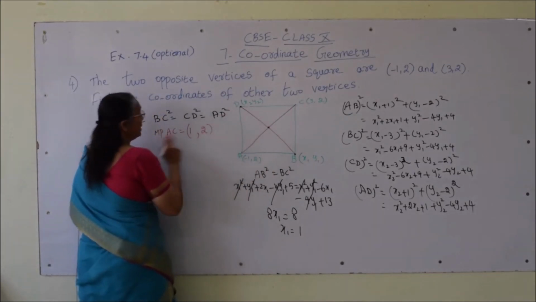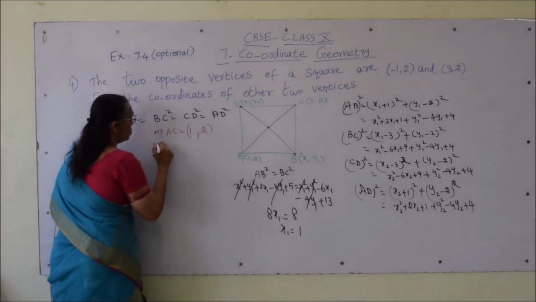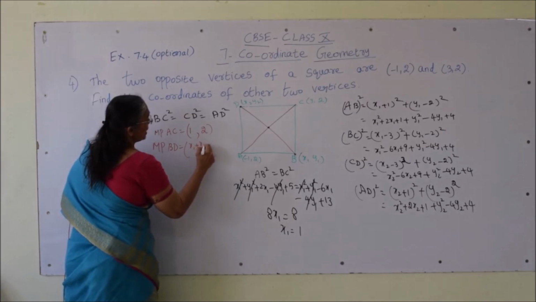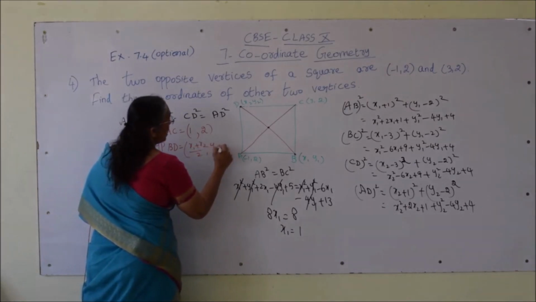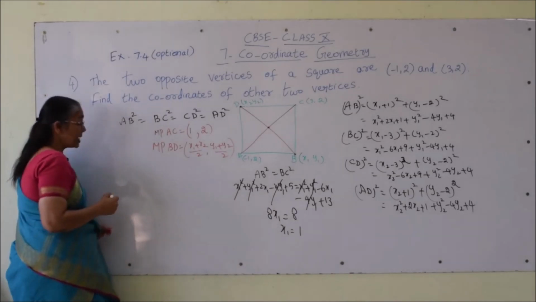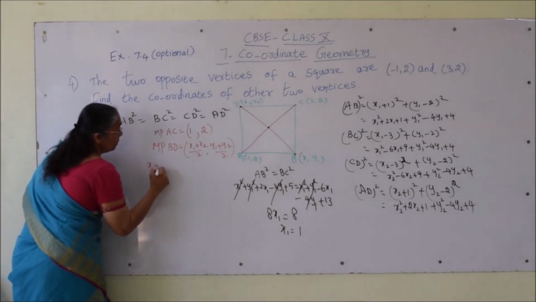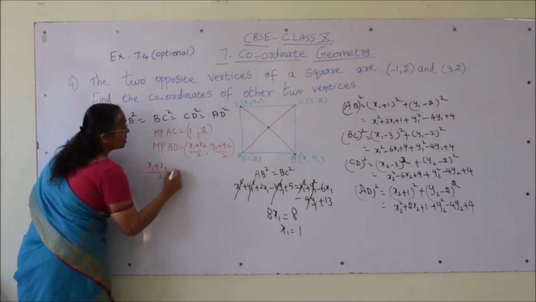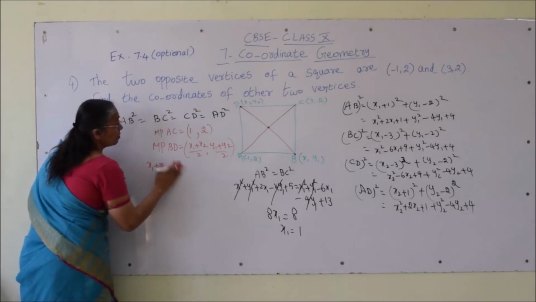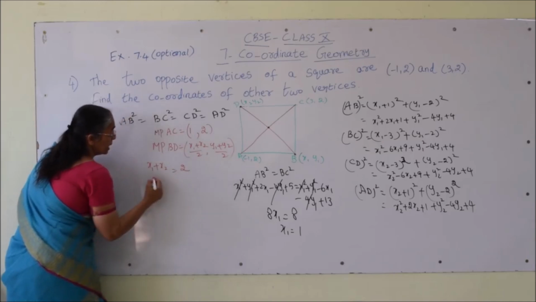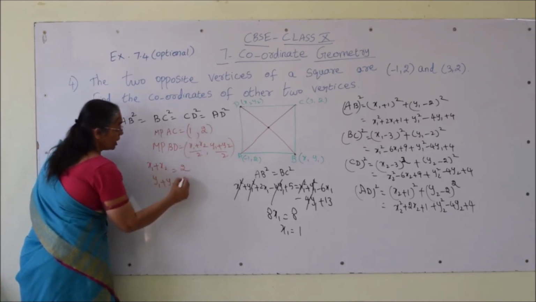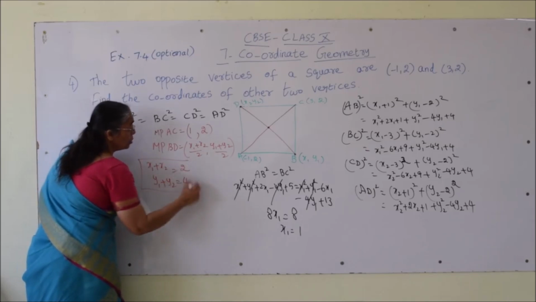So, midpoint of AC is (1, 2). Now, midpoint of BD is ((x1 plus x2)/2, (y1 plus y2)/2). From this we get one relation: (x1 plus x2)/2 equals 1, or x1 plus x2 equals 2, and another relation: (y1 plus y2)/2 equals 2, or y1 plus y2 equals 4.